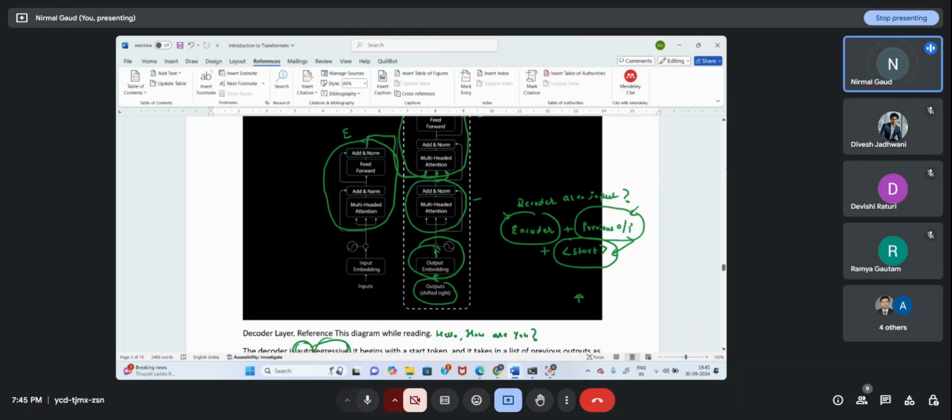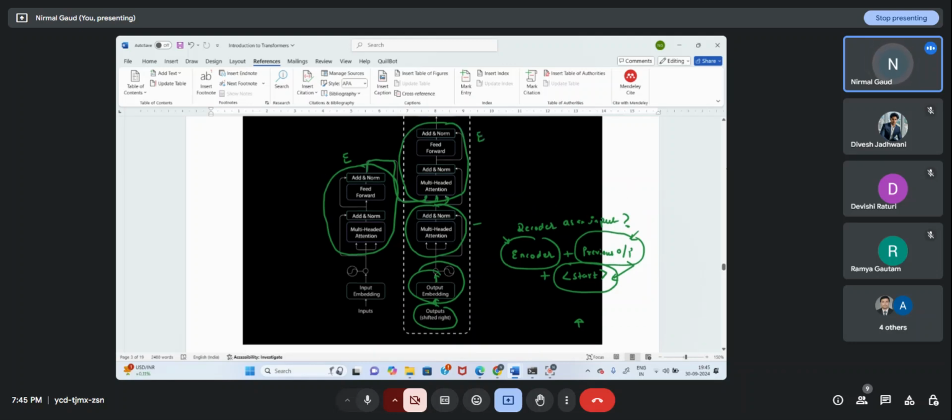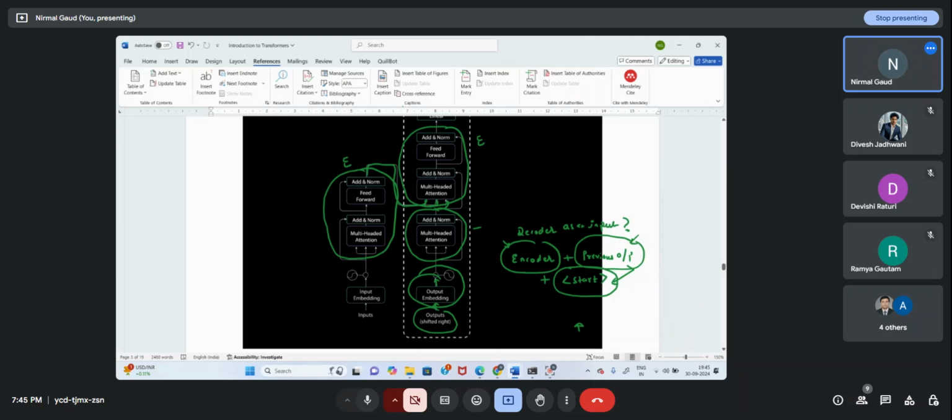Whatever outputs the decoder is creating, its embedding and positional embedding are all computed, and that is given to the multi-head attention. After passing through the multi-head attention, the normalization and everything will be done, and it will be given here, where it will connect with the encoder.